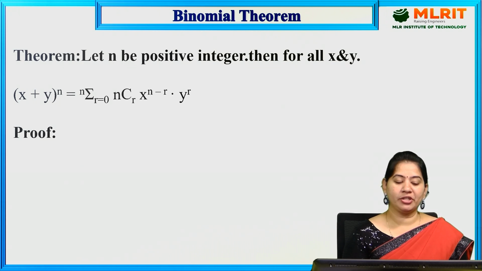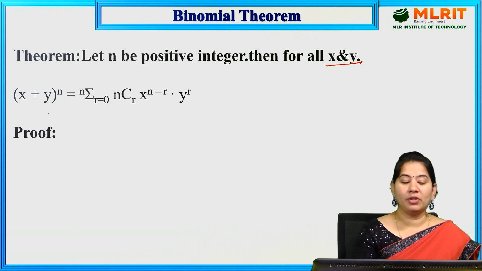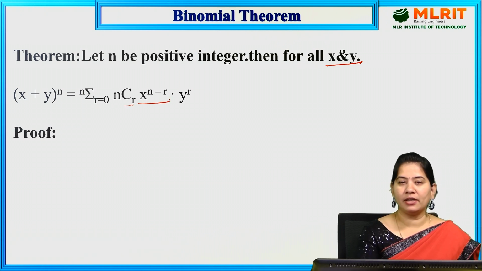The statement is: let n be a positive integer, then for all x and y, x plus y whole power n is equal to sigma r equal to 0 to n of ncr x power n minus r into y power r.